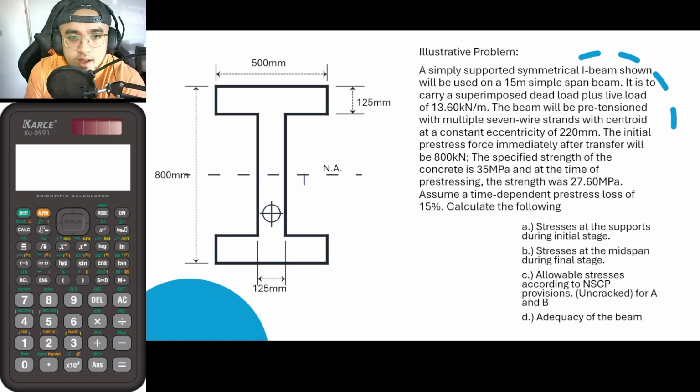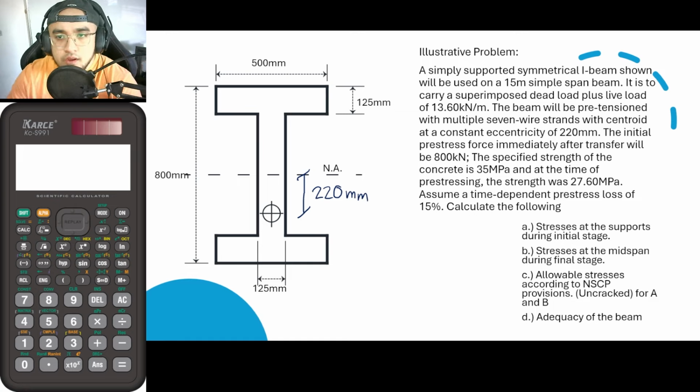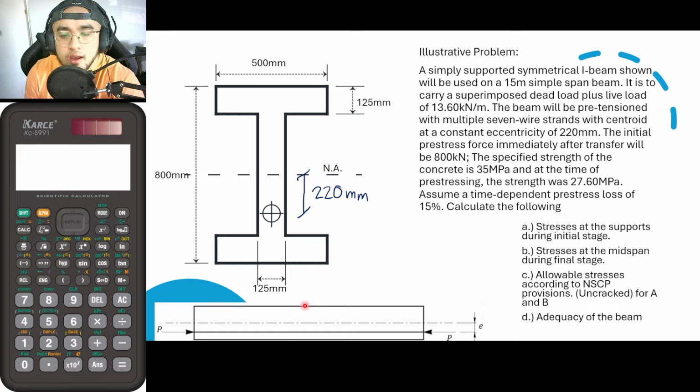So with that, guys, it is measured once again from the neutral axis up until here, the center of the pre-stressing tendons. And according to the problem, that is now 220 millimeters. Also in the problem, it is stated that it is under constant eccentricity, meaning that our figure will now look like this.